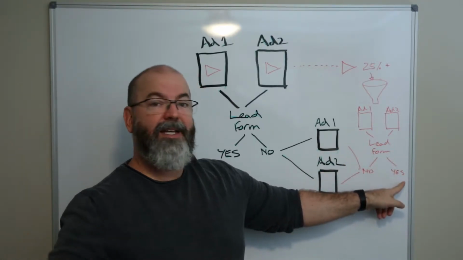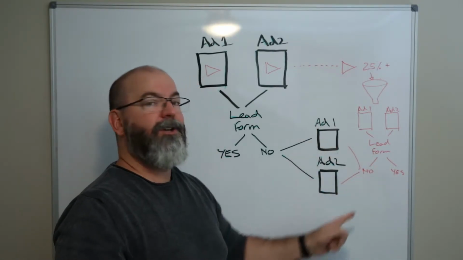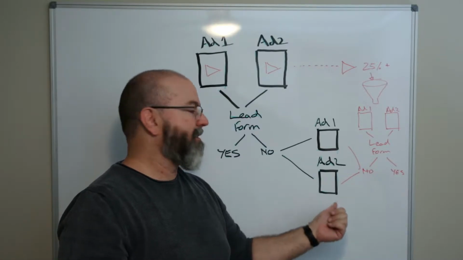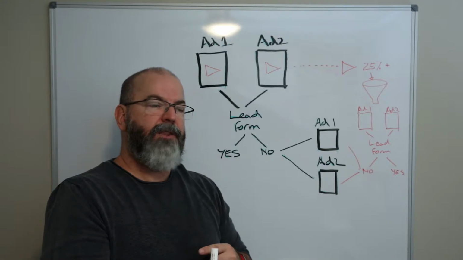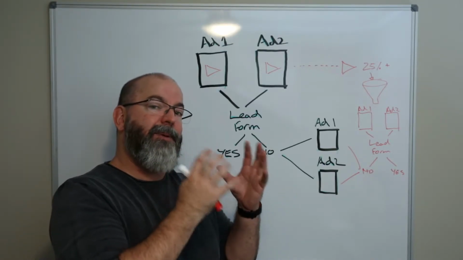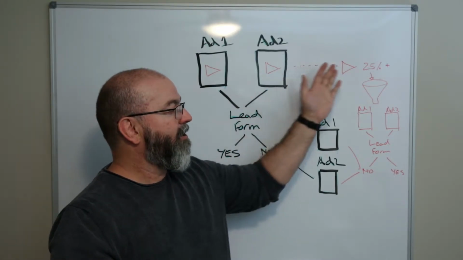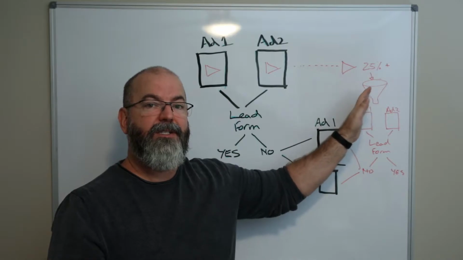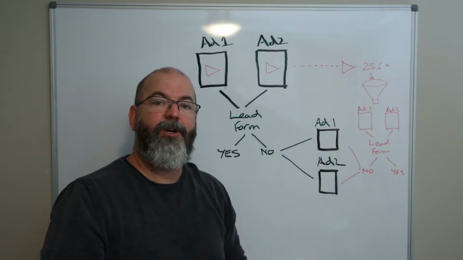The people who become leads go into your CRM for your sales reps to make the call. The people who don't, we show them another couple of variations of that ad. And again, the whole time that you're doing this, you're creating and refining the Facebook database to work in your advantage so that you can refine your messages, refine your audiences, and get leads at a lower cost.